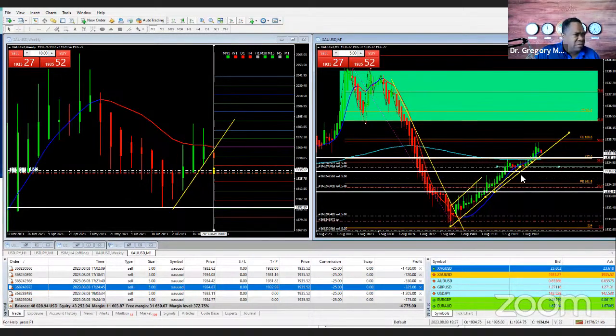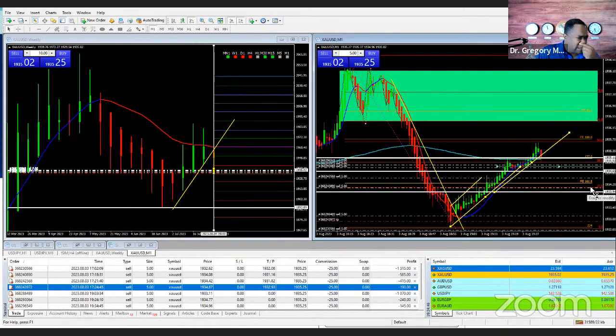Even from a wave count point of view, this 1932.65 looks extremely tasty. And if you haven't gotten in the market yet, then okay, great. But right now we're looking at a really good entry at 1935.05, a whole number to 35, on a red candle break of the trend line.